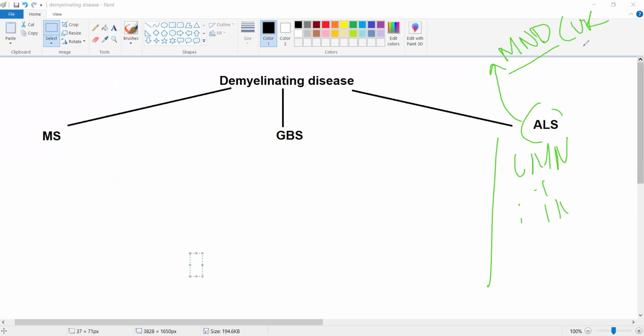Why is it a motor neuron disease? There is no sensory involvement. There is no sensory involvement in amyotrophic lateral sclerosis, right? Okay. The typical patient presentation of amyotrophic lateral sclerosis: let's suppose this is a patient, this is the right arm, and this is the left arm.